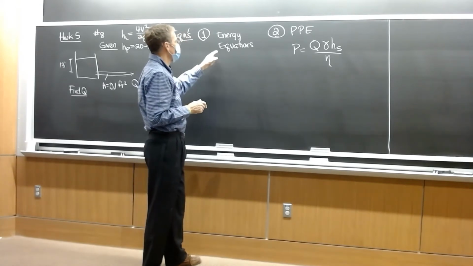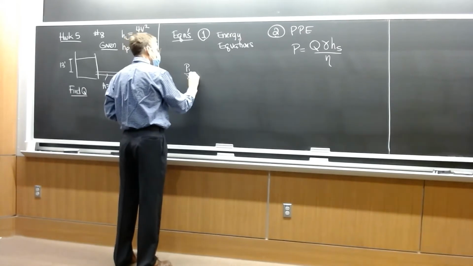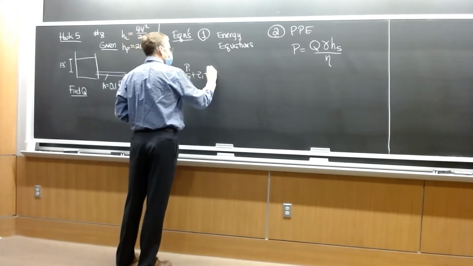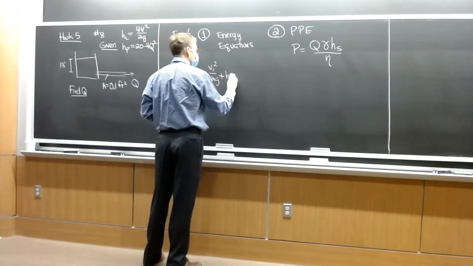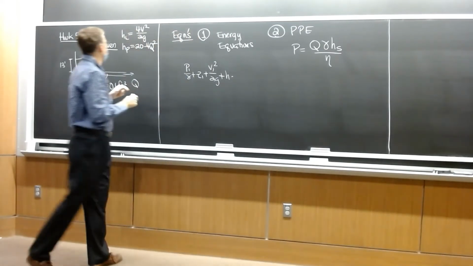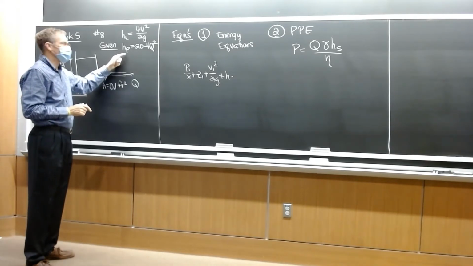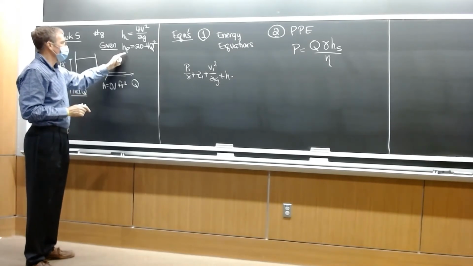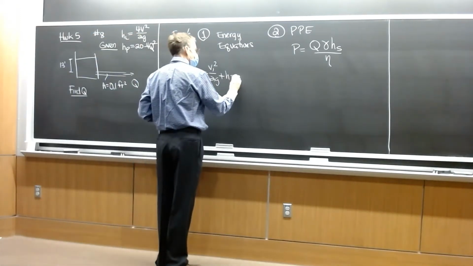I think we're only going to use the energy equation. Now, this book generally calls this a shaft head, but here they're calling it the head added by the pump, so I'll just say that.